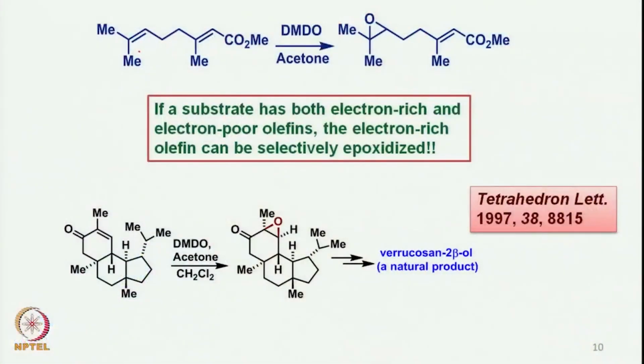So this is how one can carry out various kinds of reactions of different olefins that can lead to the corresponding epoxide formation. Now if we have a substrate which has both electron rich and electron deficient olefins, such as here, like this is an electron rich and this is an electron deficient olefin, obviously the electron rich would react faster than the electron deficient, therefore the epoxide forms from this end of the molecule.